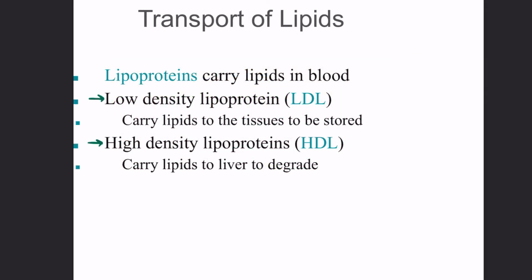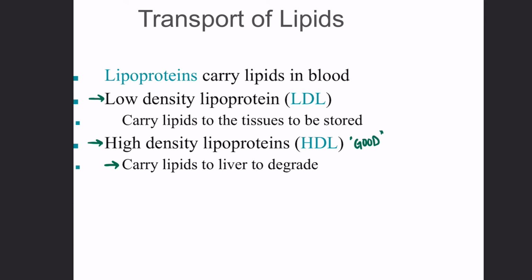Lipoproteins carry lipids in blood too. So chylomicrons are going to carry lipids via lacteals. But if lipids are small enough, lipoproteins can carry lipids in the blood. There are two types here: low density lipoproteins and high density lipoproteins. High density lipoproteins are considered good cholesterol because they just go to the liver and they are degraded.